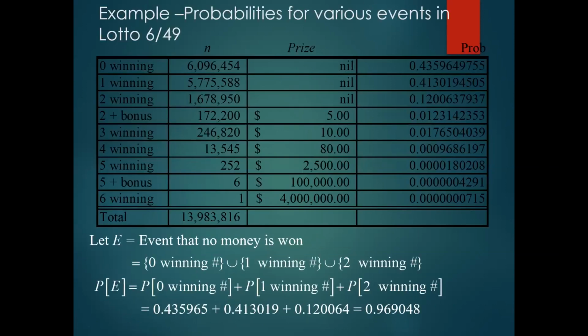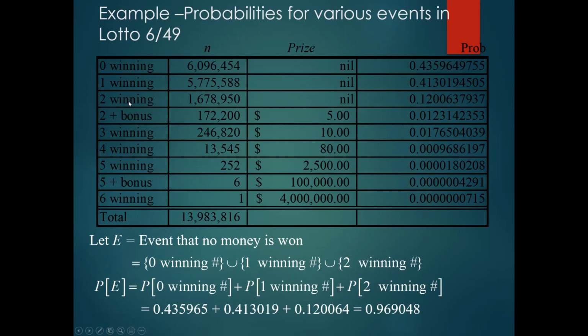For example, given this table, if you're going to participate in a lottery 649, the probability of not winning is actually almost half, so 43%. The probability of 1 winning is 0.41, 2 winning is 0.12, and 2 plus bonus, you get 0.01.